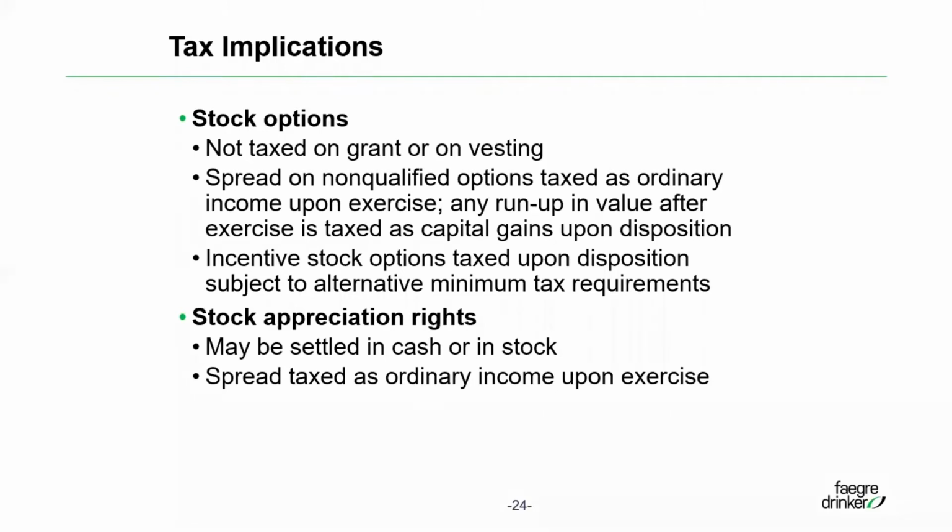The tax treatment then differs on exercise. So if you have a non-qualified stock option, then the spread is taxed as ordinary income upon exercise. And then any run-up in value after exercise is taxed as capital gains upon disposition.